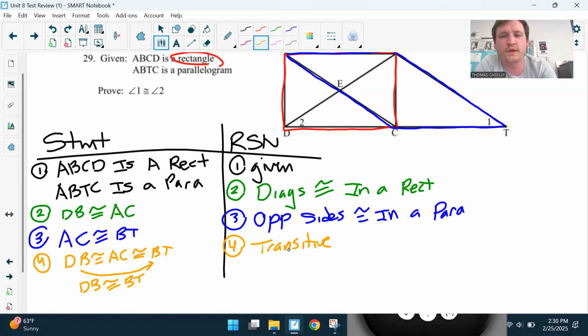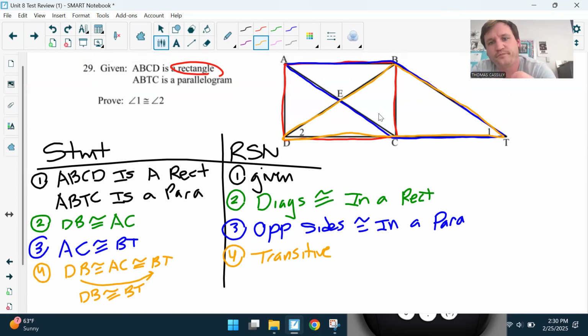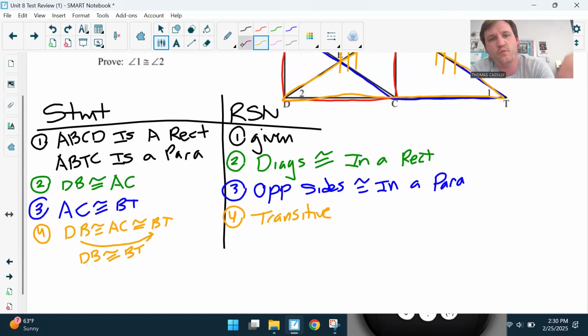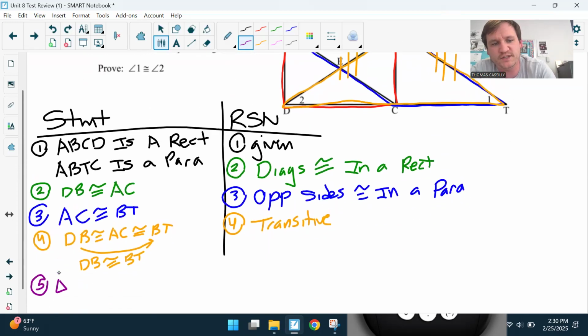All right, now let's look at this triangle. That triangle that I just drew, we just showed that these two sides are congruent, right? DB and BT. So what I can say is, well, look at that triangle. I need to name this thing. How about DBT?